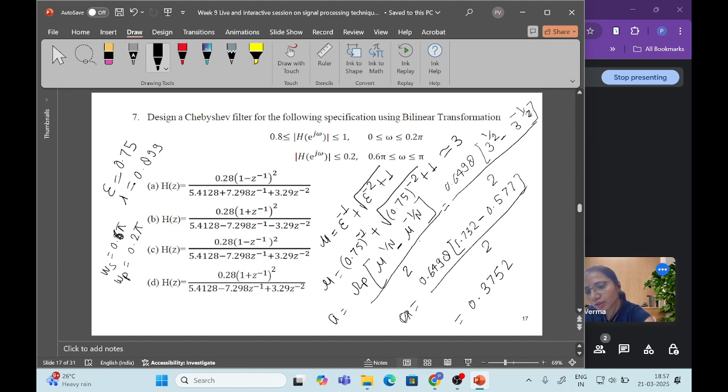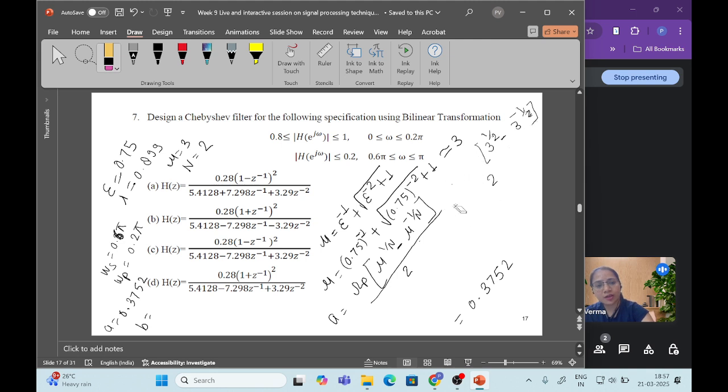Okay, so here A we have got 0.3752. Now similarly we have to find out the value of B. So for B the mu value is 3, and the n value we derived is 2. Similarly we have to calculate the value of B.